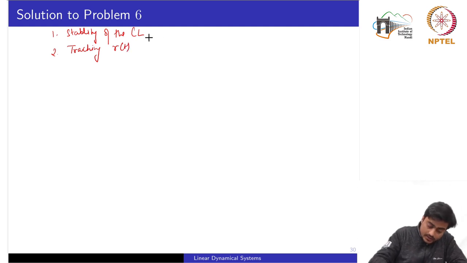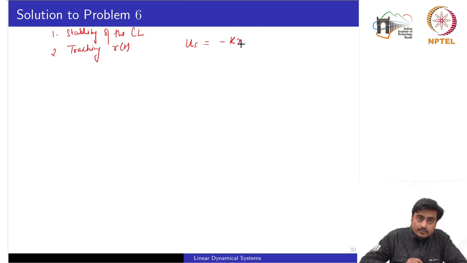Okay, so for the stability, we can design a state feedback system by using, let's say, u_s as minus k times x. Okay, now for tracking, here we would design a multivariable PI controller, because if you recall from your UG control class, for tracking a reference signal, a PI controller gives a better performance.